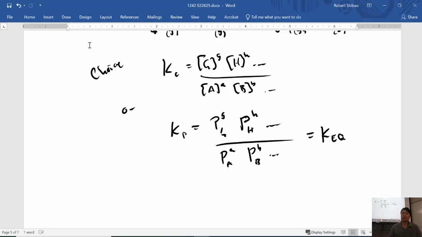So KEQ, this is coming from the activities, based on activities. So the activity of a gas is not its concentration. The activity of a gas is its pressure.